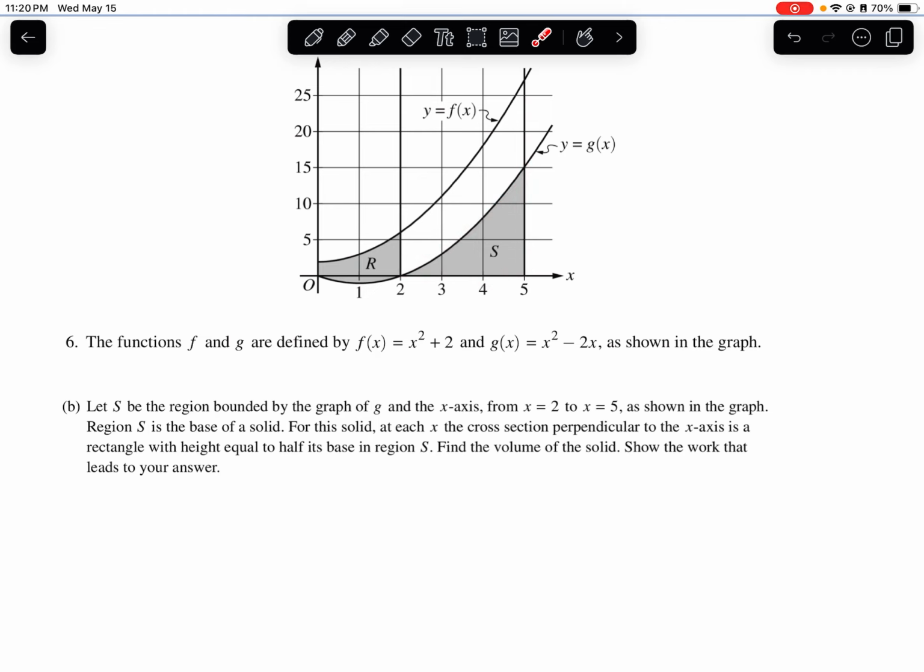And for the solid, each cross section, so if I take a slice out of it, perpendicular to the x-axis, is a rectangle with a height equal to half of its base in region S. Find the volume of the solid. So we're trying to find the volume of the solid that is above this region right here, and each cross section is just a rectangle.